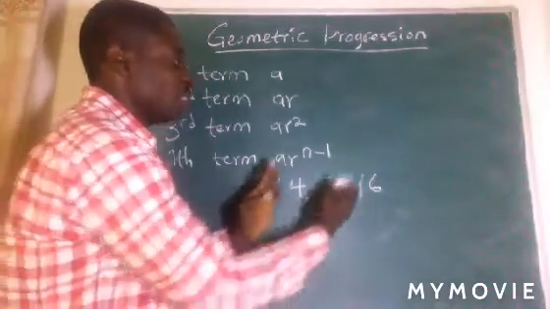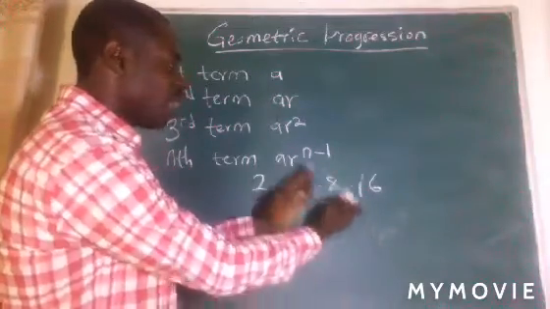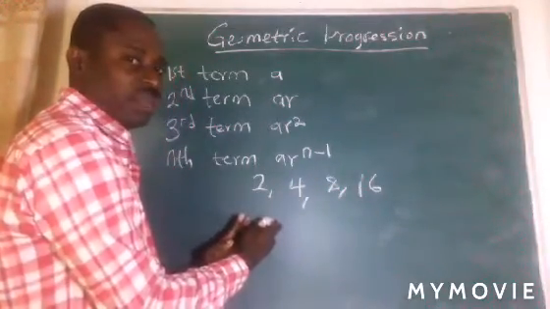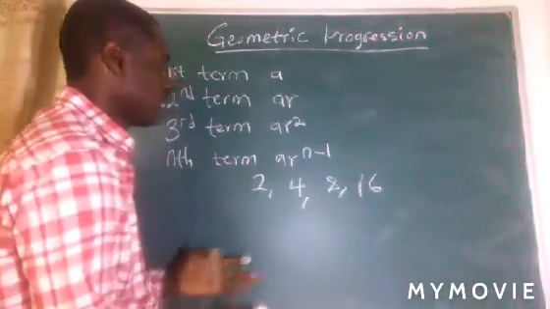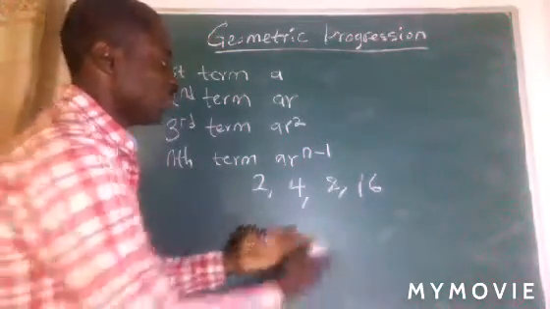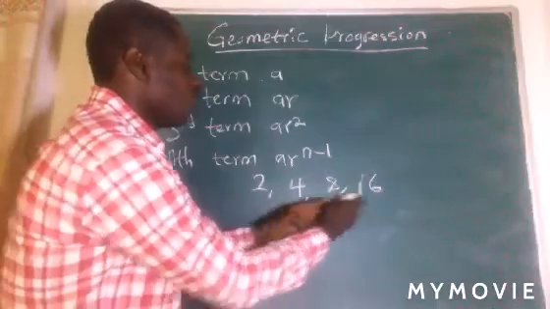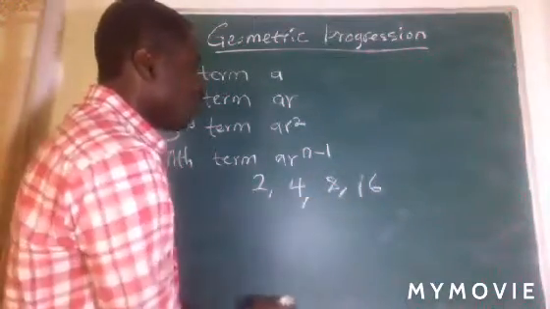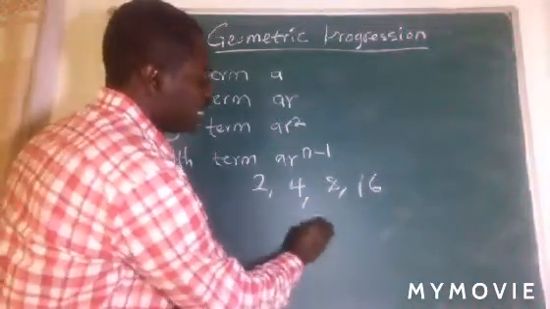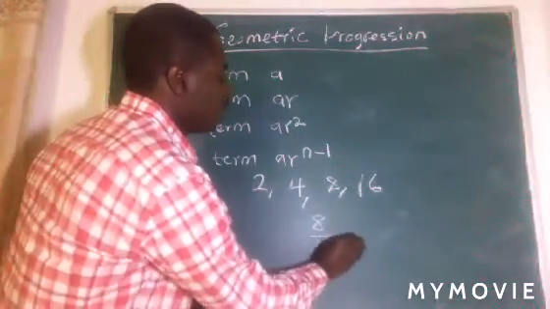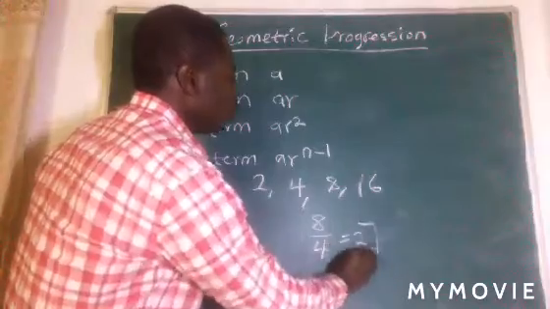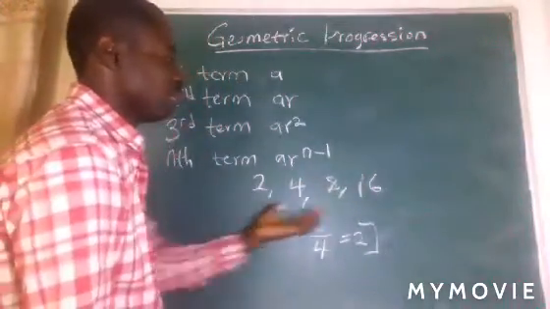So you use the one ahead and the previous term to find the ratio. For instance, to find the common ratio in this sequence, we can use this and this, or this and this. So we have, for instance, 8 divided by 4. That will give you 2. So 2 is the common ratio.